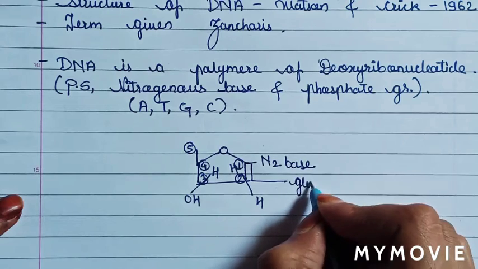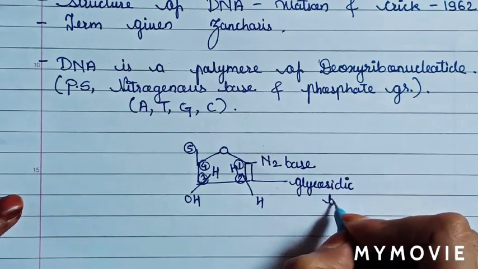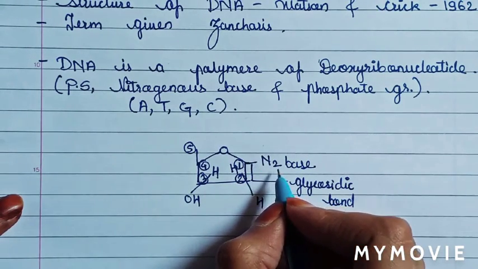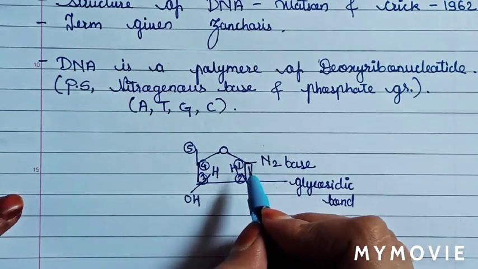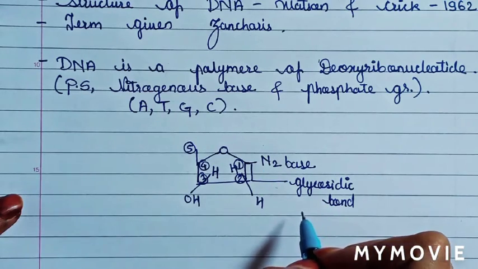Now here you can see at the first carbon the nitrogen base is going to be attached and forms a glycosidic bond. At the first carbon the nitrogen base gets attached to form a glycosidic bond. The bond between carbon and nitrogen base is a glycosidic bond.